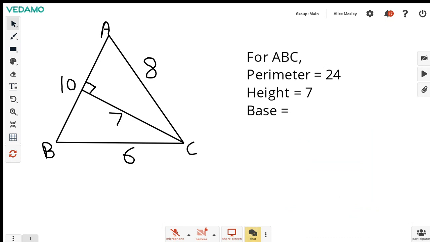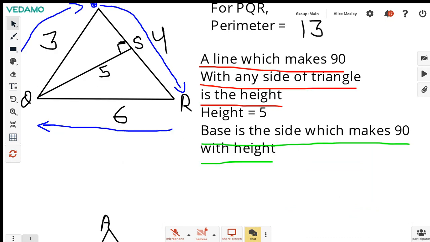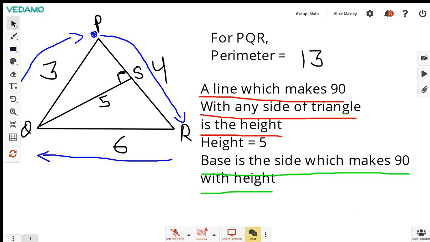Now, let's come back to our point. Can you all read the green highlighted point? Base is the side which makes 90° with the height.